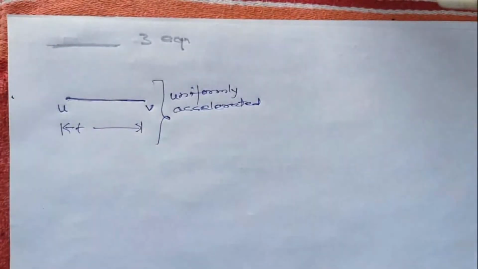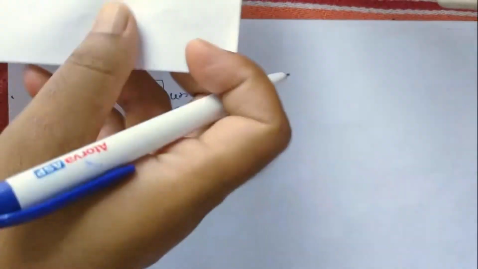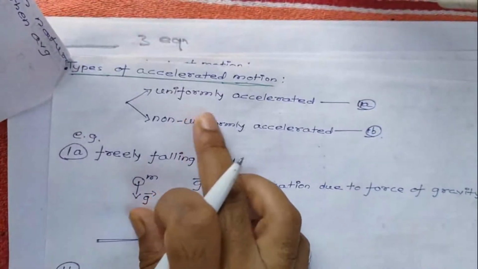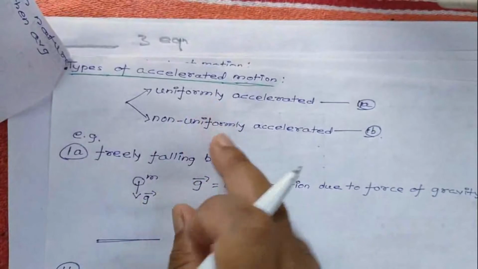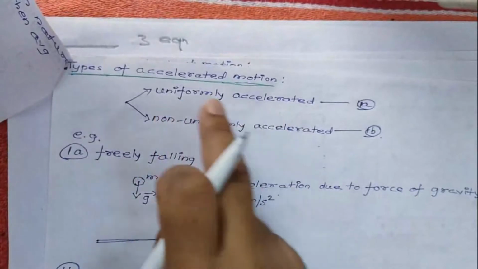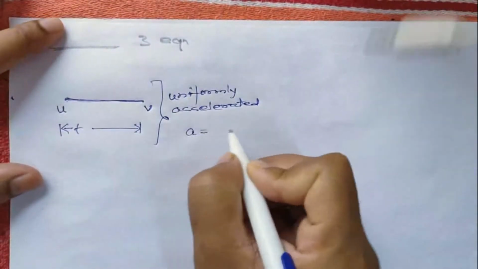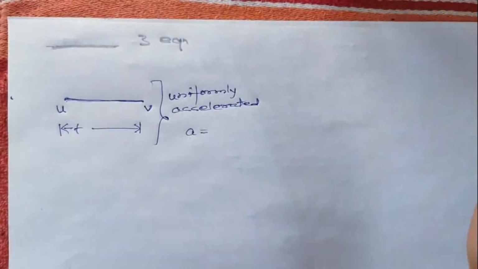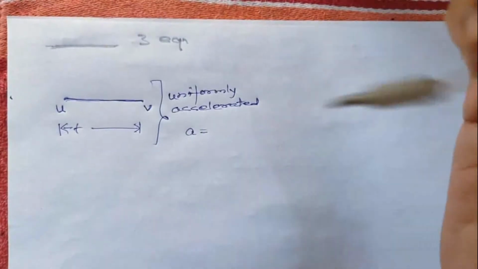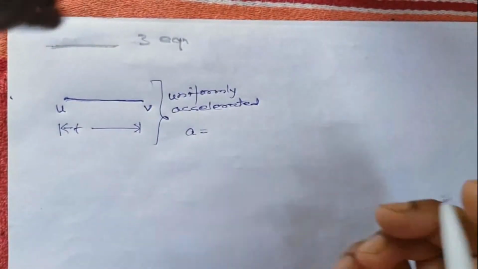So do you know what is uniformly accelerated? I think we have already studied what is uniformly accelerated motion. It is when the rate of change of velocity is constant. Basically, what is acceleration? Acceleration is delta v by delta t, right?